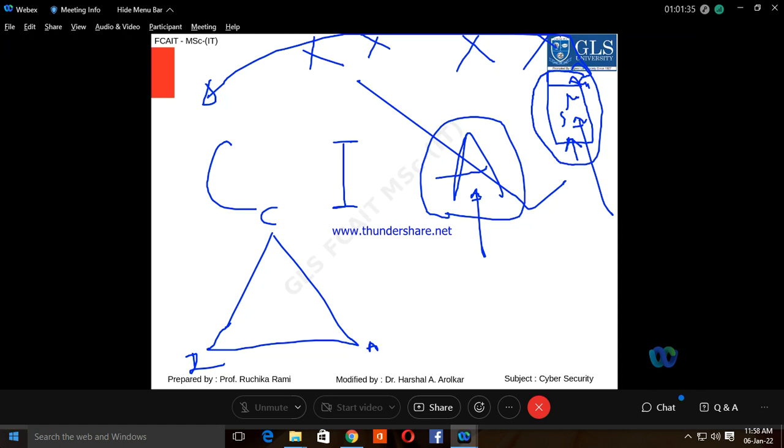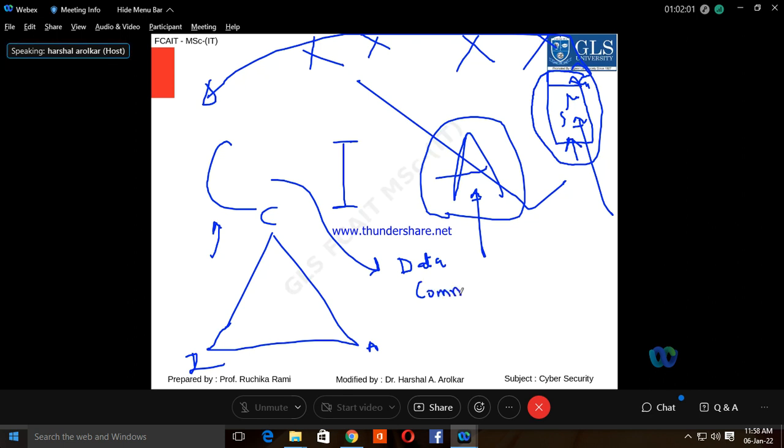And finally, the last, which actually is the first part which people mention, confidentiality. We are going to talk about two confidentialities in general. One is confidentiality of data, and one is confidentiality of communication.